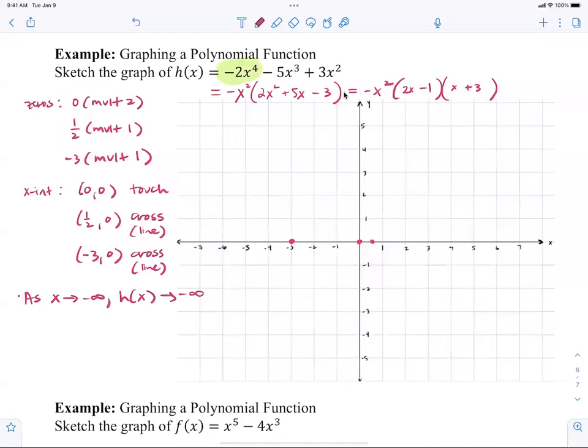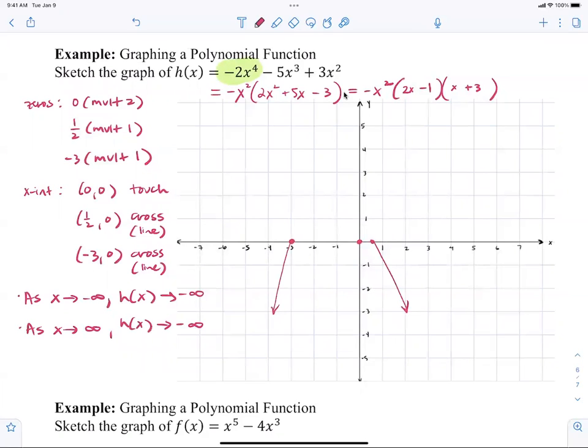So it would make it -infinity. And then as x approaches positive infinity, h of x will also end up approaching negative infinity again. So do the best that you can to make sure your graph has no sharp corners.